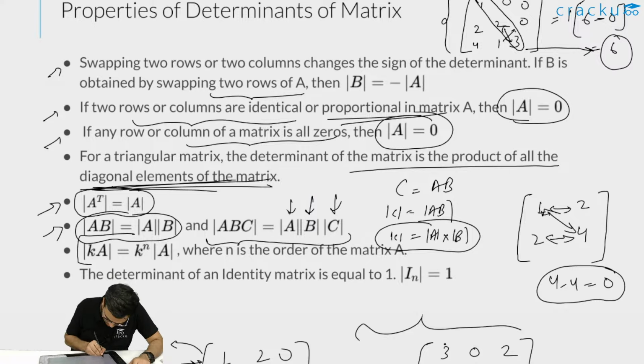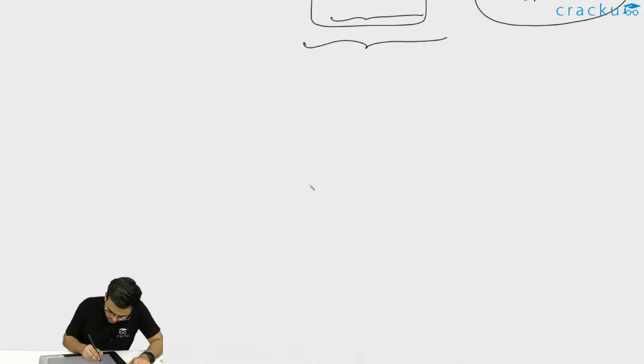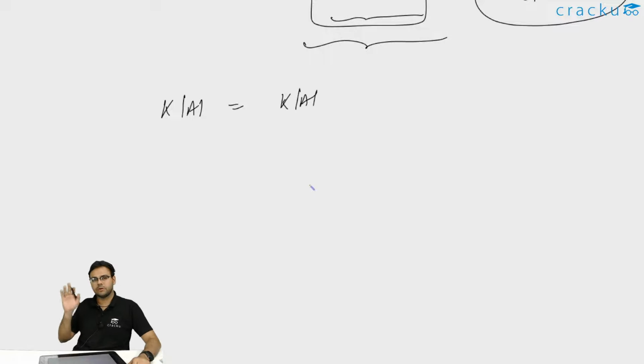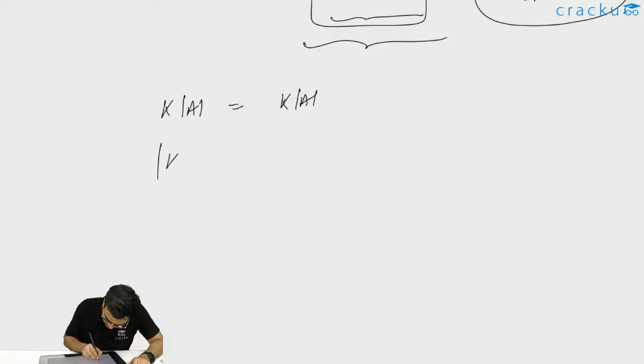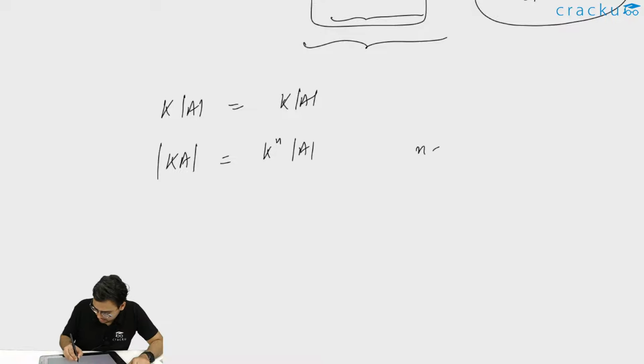Then this is very important. I'll tell you the difference first of all. K times determinant A will be K times determinant A only. But determinant of K times A will be K to the power n multiplied by determinant A, where n is the order of the matrix.